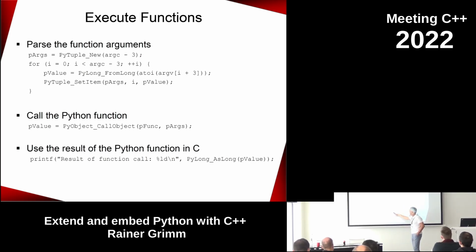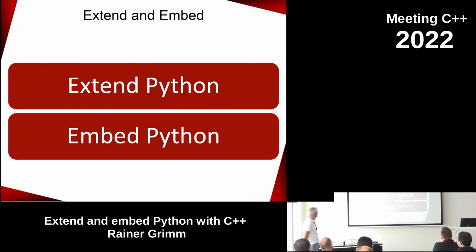And then you display the result in C, which you have from Python, pValue. pValue is created here, and now you have it in C, but this is under the hood calling this Python function. And this is embedding, so the other way around. And of course, this is a file of 40, 50 lines, but essentially it looks this way.